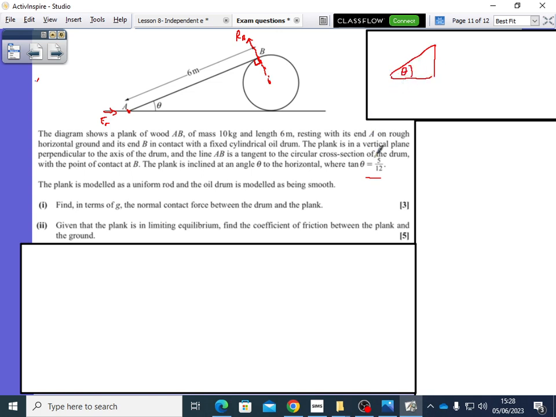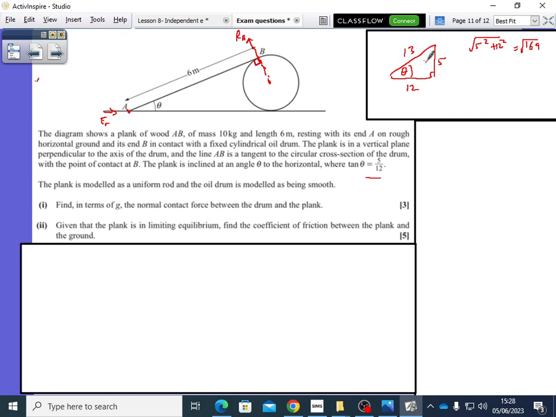So tan theta would be opposite over adjacent. Now you should know that this is a typical Pythagorean theorem. So that's 5 squared is 25 plus 12 squared is 144, so 169. And if we square root that, we get 13.